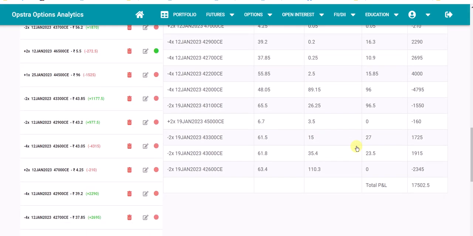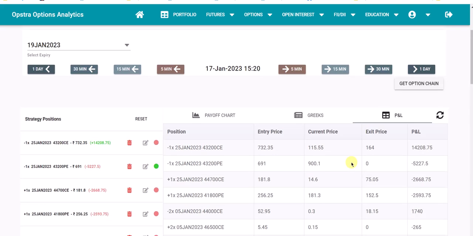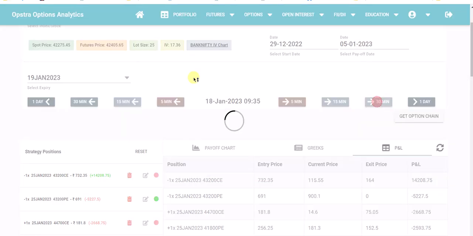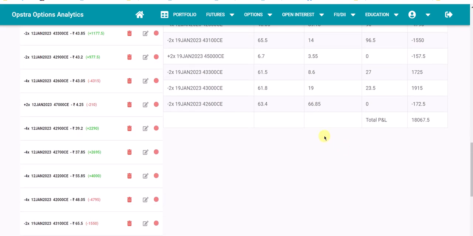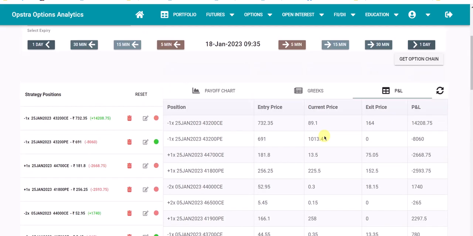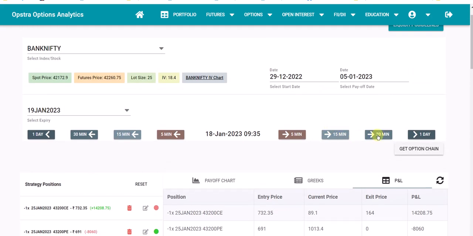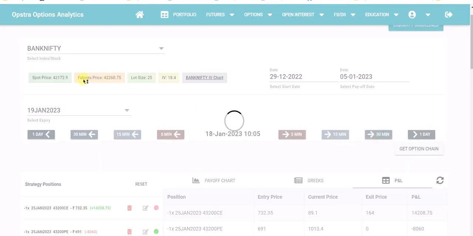Okay, there is some reversal happening. It is 120, we will exit, and let's see if there is any big movement. Otherwise we'll use 50. Okay, so we are on 18th. So let's move till midday because we have good premium in the existing legs.